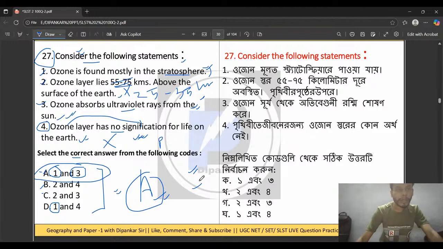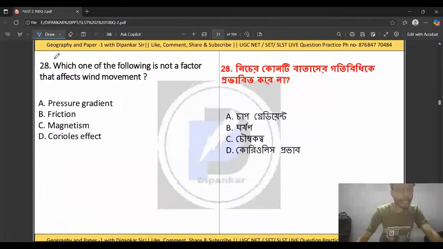Next, question 28. Which one of the following is not a factor that affects the wind movement? Pressure gradient, friction, magnetism, and Coriolis effect.